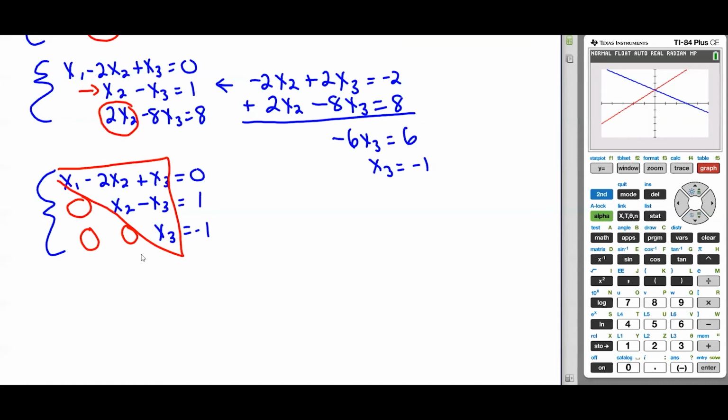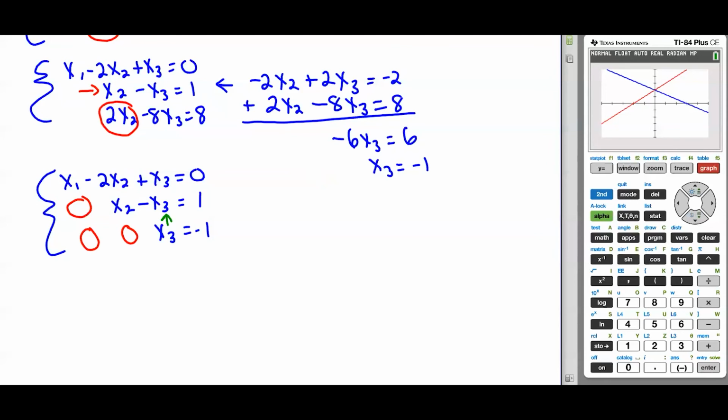What's nice about this is if we were working this problem this way, now I could plug in x3, because I know it's -1, right? So I plug in x3 equals -1 into the second equation. And because there's only two variables, I can solve for the x2 variable.